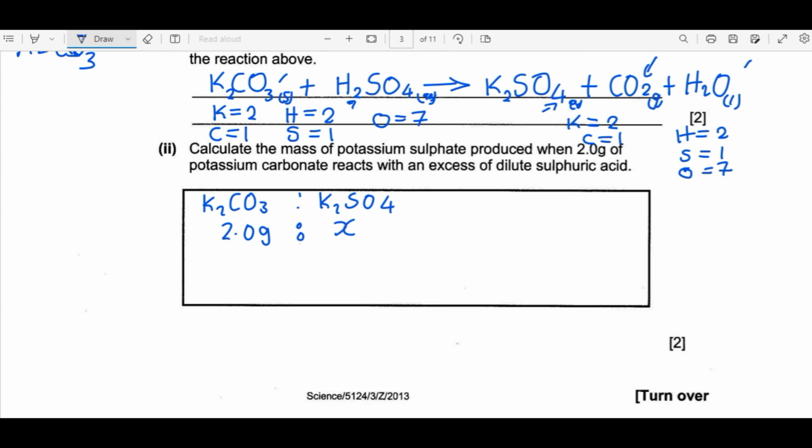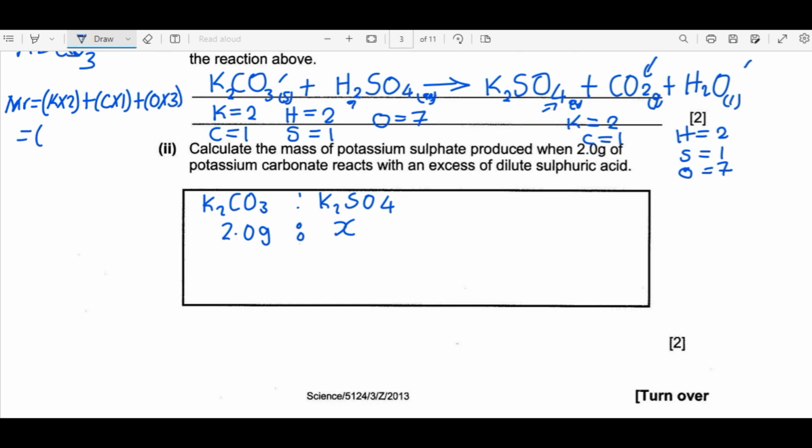Then what else are we supposed to do? We are going to find the relative molecular mass for potassium sulfate and relative formula mass for potassium carbonate. So here we need a periodic table. So let's do our calculation. So we'll say Mr is equal to, from potassium carbonate there are two atoms of potassium, so potassium times 2, plus there is only 1 atom of carbon, so carbon times 1, plus oxygen multiplied by 3.